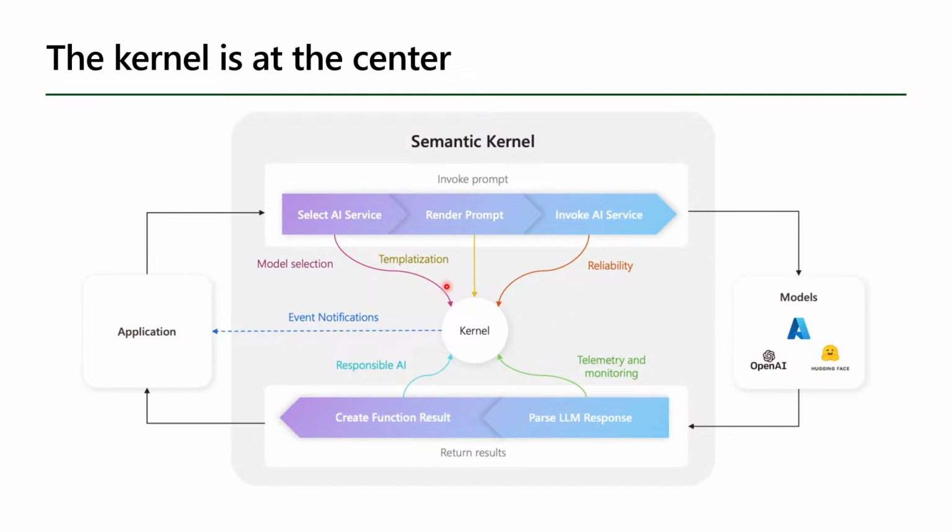It's a middleware. It will get the input from your line of business application. It will select the right AI services. It will render the prompt for us and then invoke the right AI services in the background. Then it will get the responses from the AI services and create a function result.